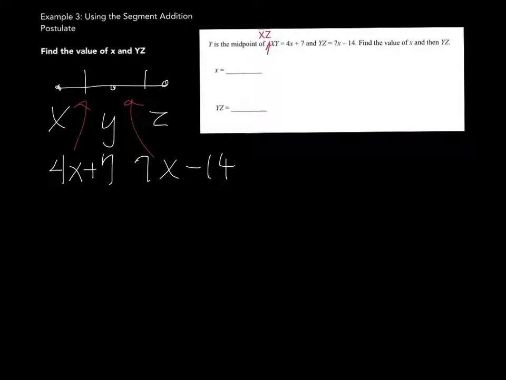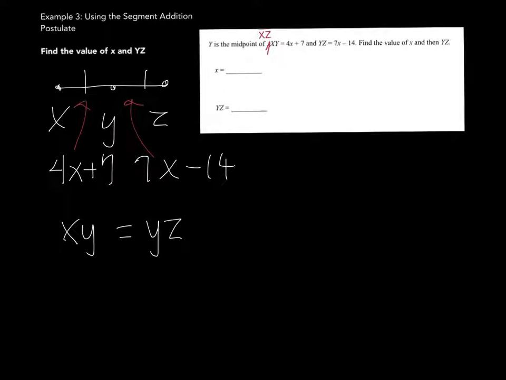That's okay though, because all we need to know is that Y is the midpoint. So the length XY is going to be equal to the length YZ, because that's what a midpoint does. It splits up the larger segment into two congruent smaller segments.